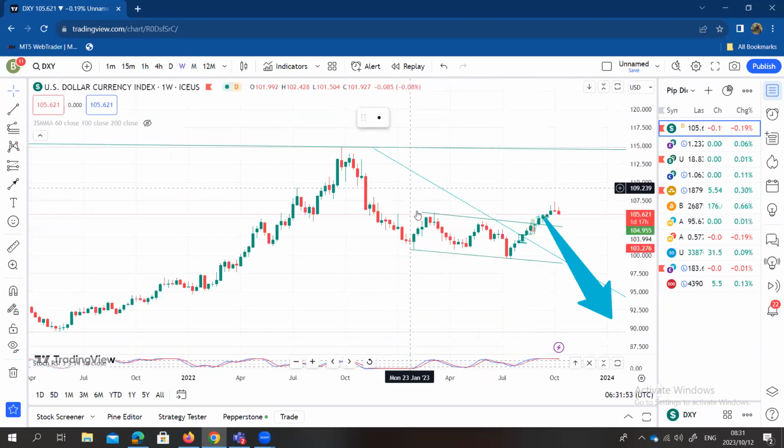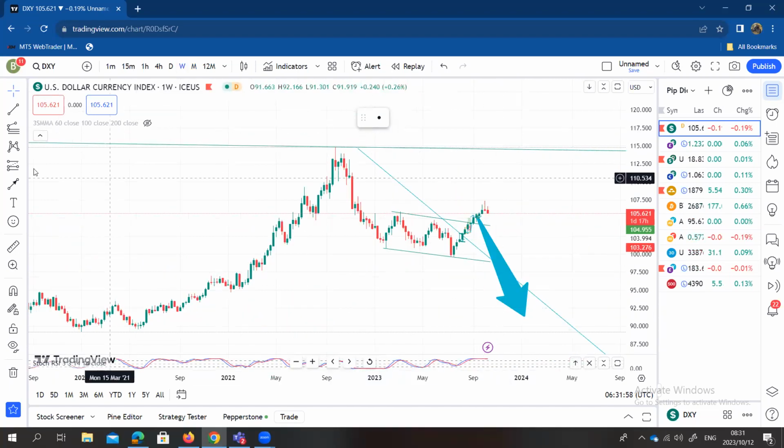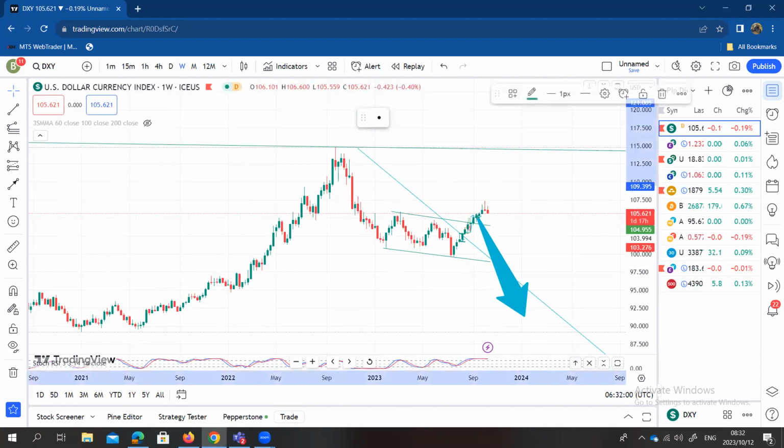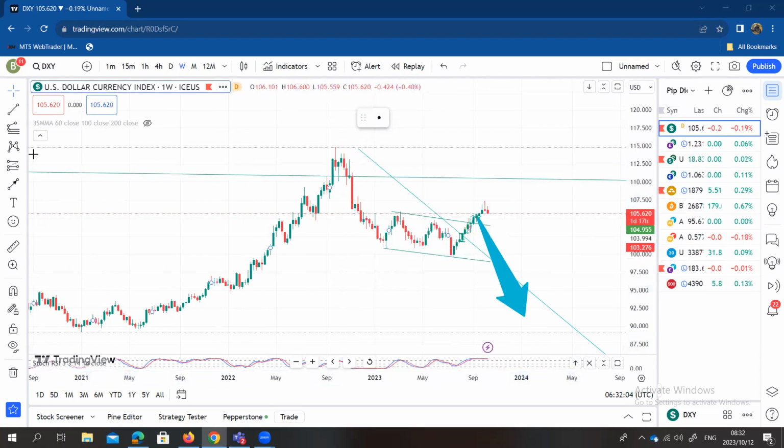If we check it on the weekly, we can clearly see all the 5 waves of this impulsive move to the downside. We have got 1, 2, 3, wave 4, which was a running flat, and wave 5 there. And after that wave 5, this correction here is an ABC corrective structure.